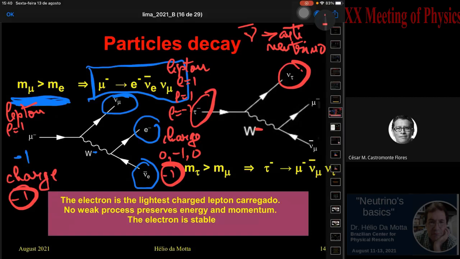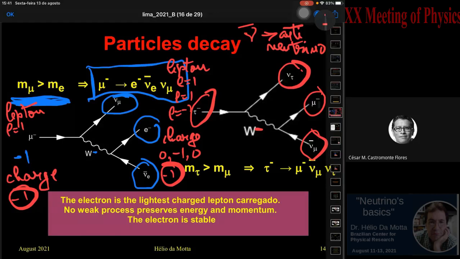They live just for a short time. They are not free to go around. At some time it comes again, this time with a muon and a muon antineutrino. And then we ask, is it possible that it goes into an electron and an electron antineutrino? Yes, this is also possible.